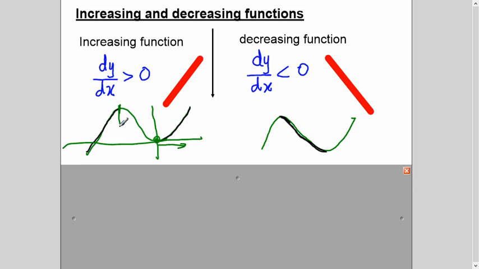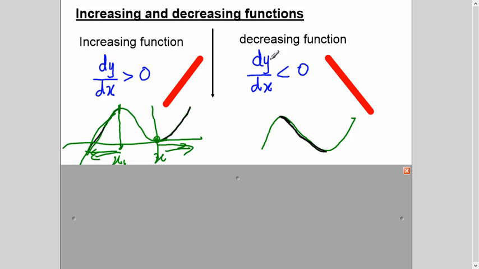Whereas at this point, if I see the left hand side, the curve has this shape, so again it is a positive gradient. So these are the values of x, suppose x1 and x2. Greater than x2 and less than x1, the function will be increasing.